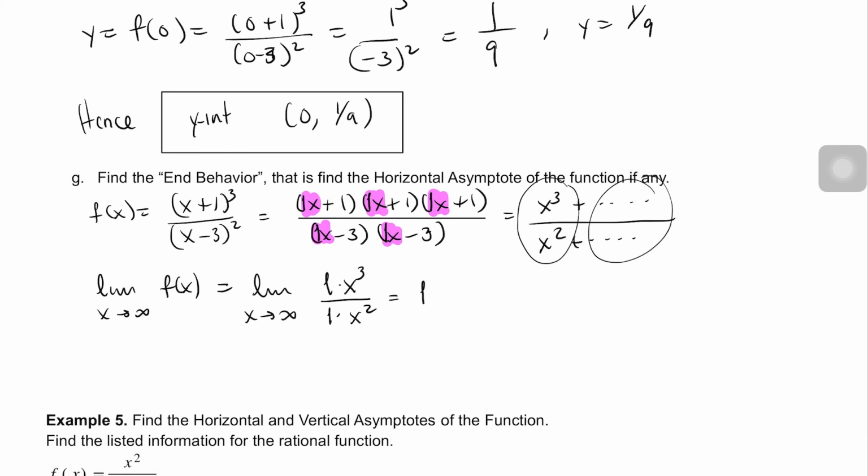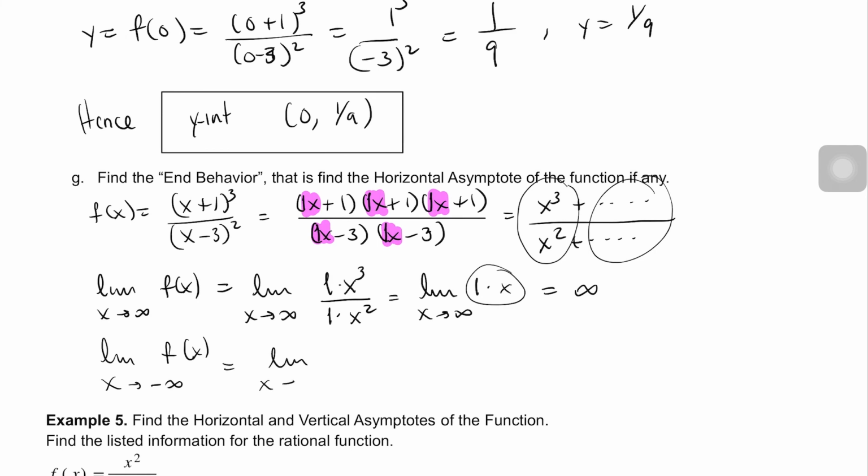Now that we have it this way, we can argue that 1 over 1 is going to be 1, and x cubed over x squared is going to be x. That's all we need to determine the behavior of the function. And again, I forgot my limit as x goes to infinity. Now we can apply the limit. As x goes to infinity, x is going to go to infinity.